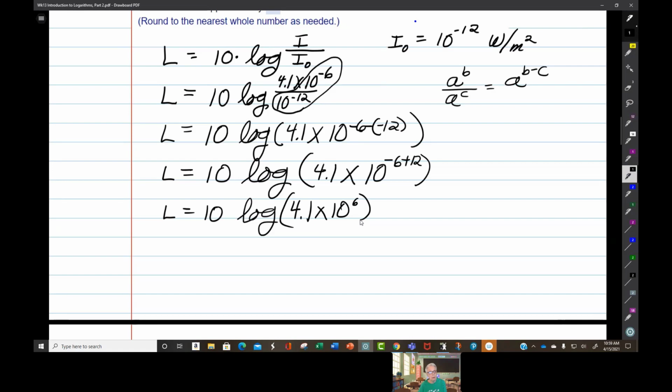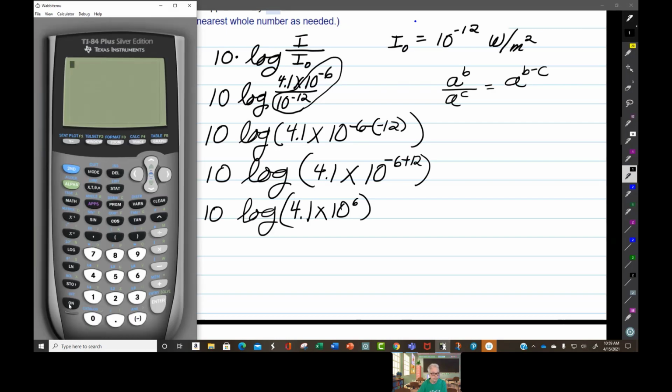So now let's do that. Let's see what happens. I'm going to have 10, and I'm going to say times, even though I don't really need to. 10 times log 4.1 times 10 caret 6.